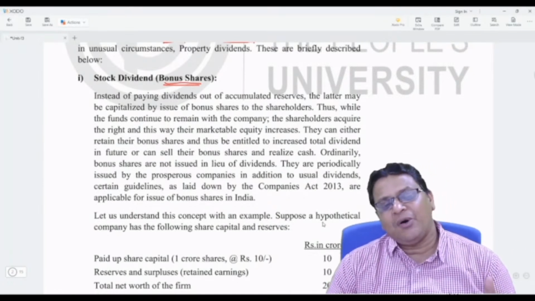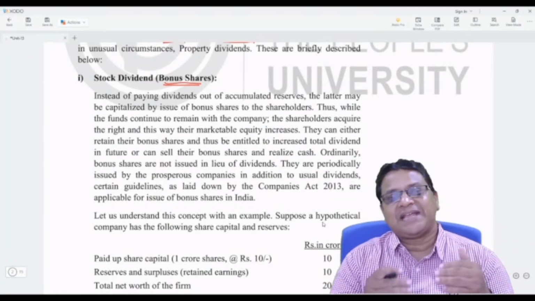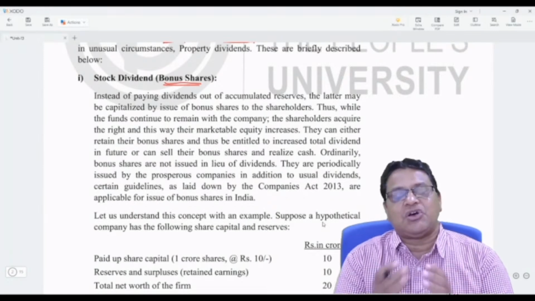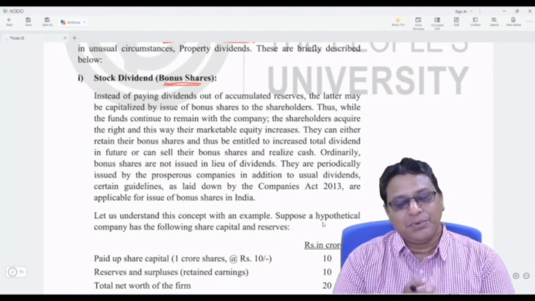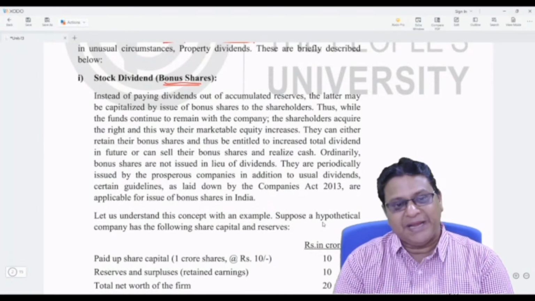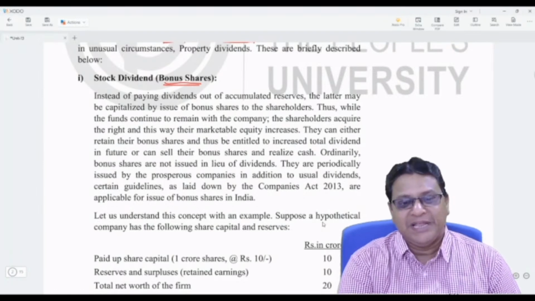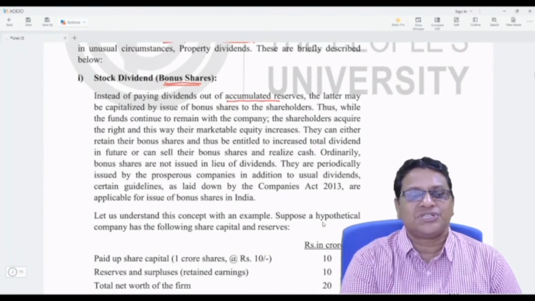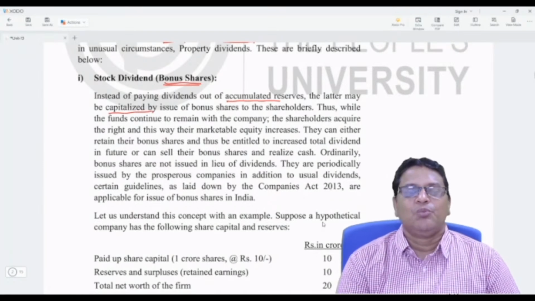How are these bonus shares paid? Bonus shares are paid by capitalizing the reserves. The Companies Act tells that dividends can be paid out of accumulated reserves of the company by way of bonus shares. By capitalizing the reserve, we can issue bonus shares.